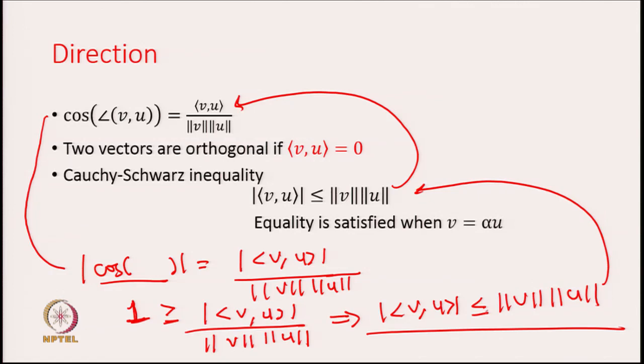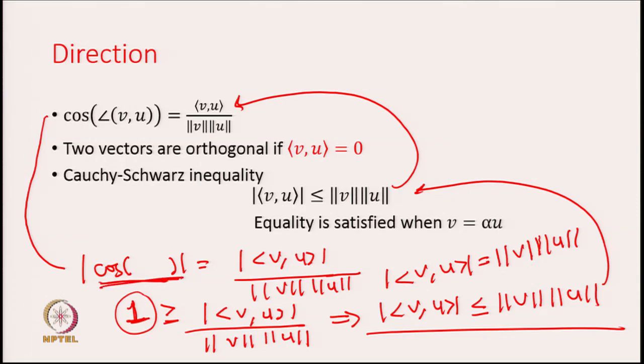When will this equality be satisfied? This equality will be satisfied when this quantity is the same as 1, and when will this be 1?